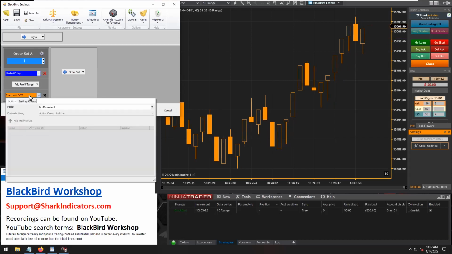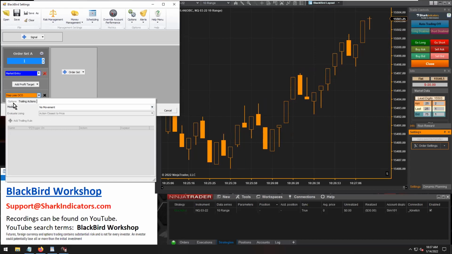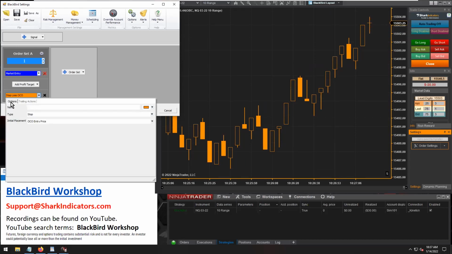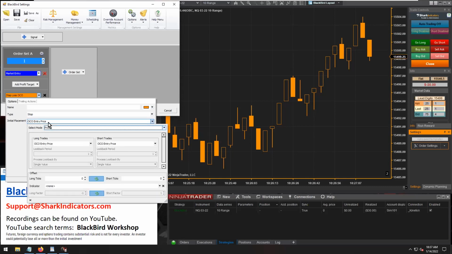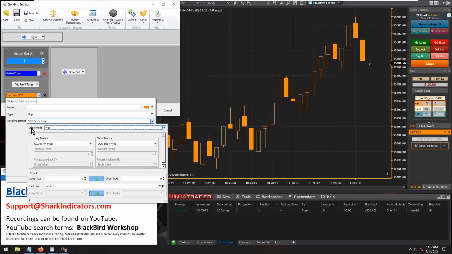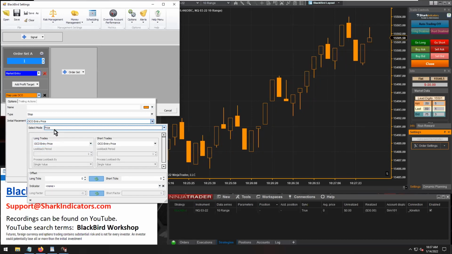Open up the stop loss and let me go on to the options tab. Remember, the first thing you need to set up with your stop loss or profit target is the initial placement. So let's go into the initial placement. For the mode, we're not interested in using the entry price or any bar price.